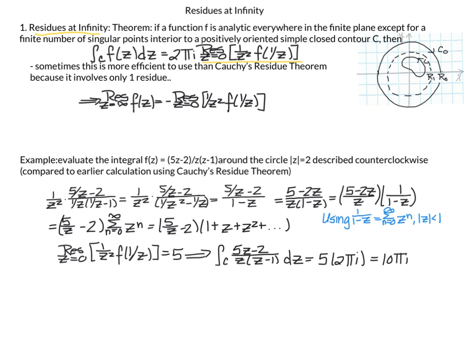And again, we consider a function f of z having a residue at z equals infinity when f of z is analytic everywhere except for a finite number of singular points that are enclosed in some contour. So here we might have a few singular points, a finite number of singular points. It could be a lot, but they're finite. Everywhere else outside the contour up to infinity will be analytic.